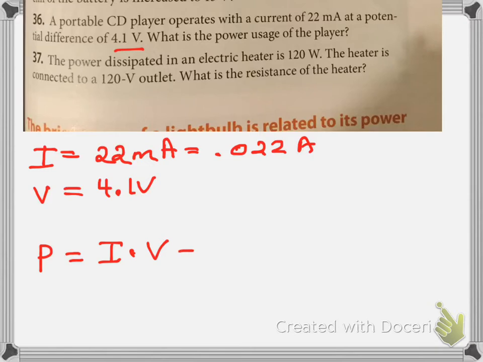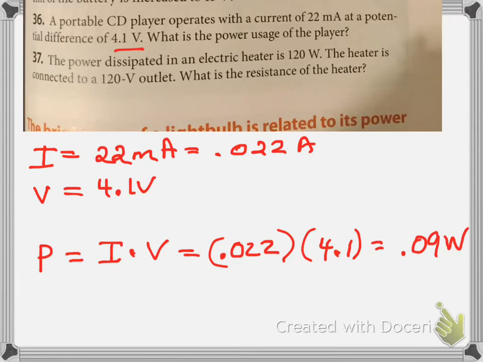And the key thing you want to make sure you do here is convert to amps and don't leave it in milliamps. So multiply those together, and we would have our answer for that. 0.022 times 4.1 is 0.09. So 0.09 watts.